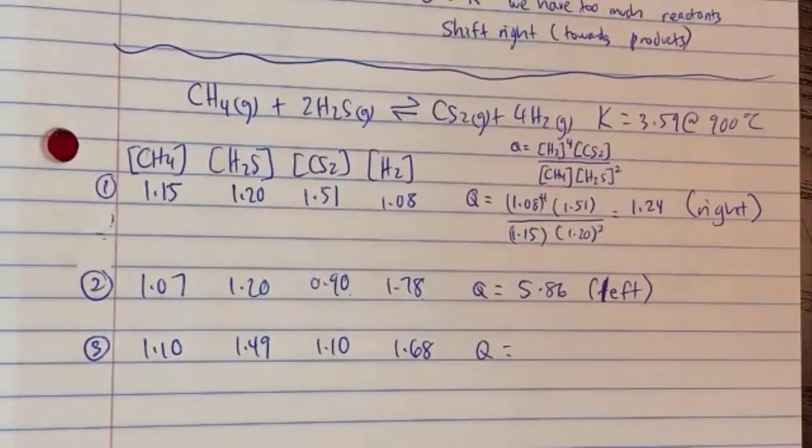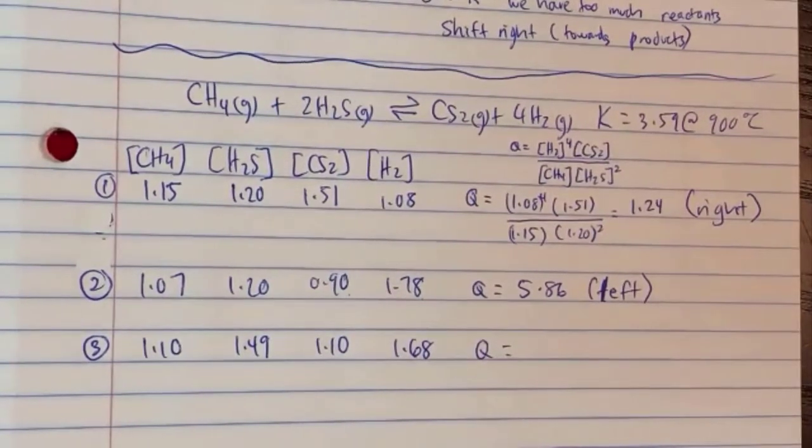Okay, now try doing the third scenario and see what you guys get for your Q. So a lot of times in these questions here, they're not going to say, oh, find what the Q is. Sometimes they'll say, because the Q is this and the K is that. But a lot of times they don't tell you, they just ask you which direction will it proceed, and you just need to know. Yes, the next one is 3.59. So what does that mean?